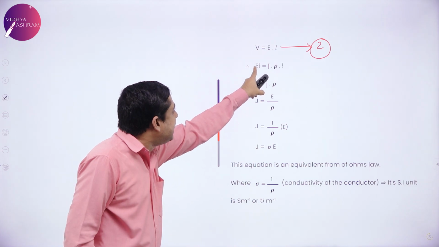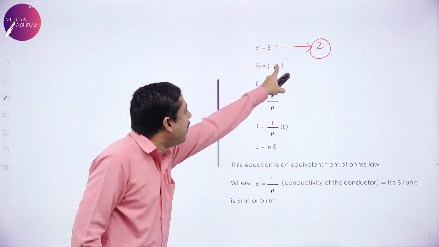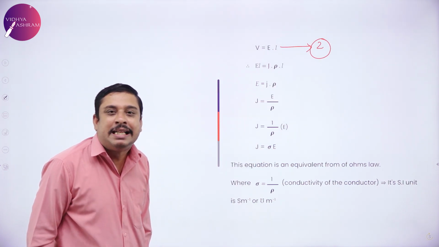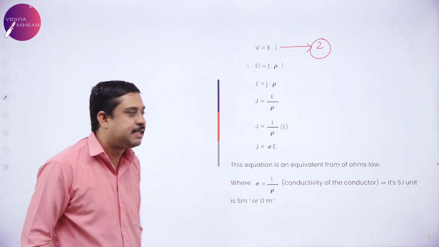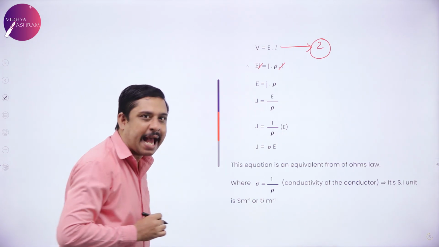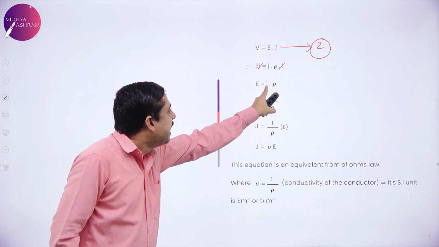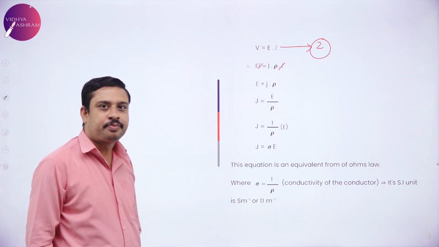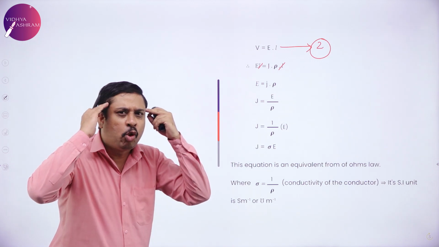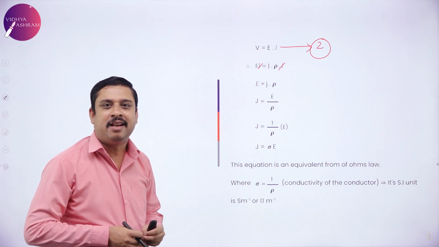So E L equals J rho L. Equation 1 and equation 2, the right hand side is equated. Here L and L get cancelled. So E equals J into rho. My dear friends, I'm trying to arrive at a concept called conductivity.